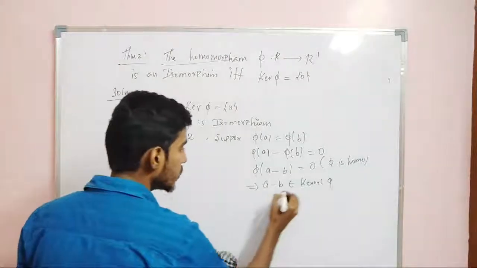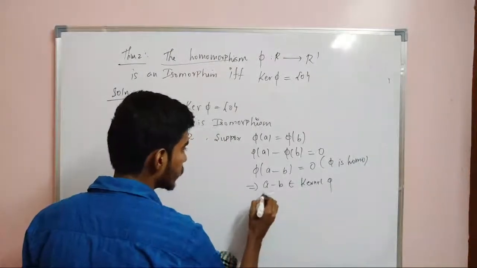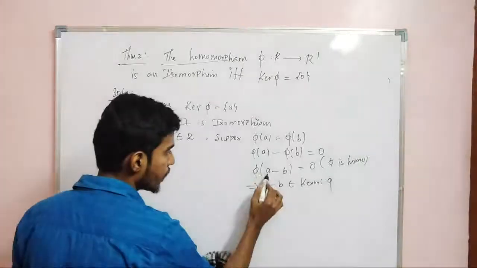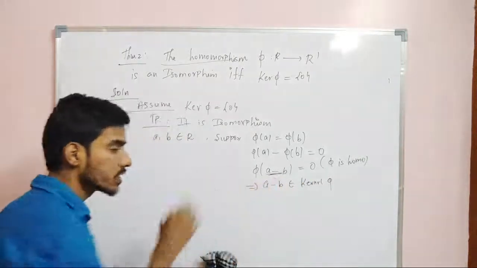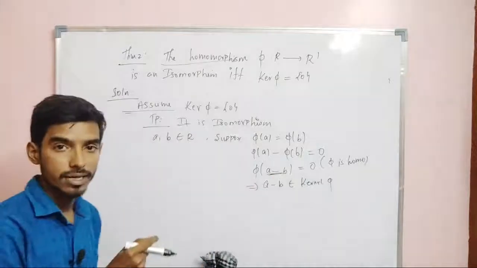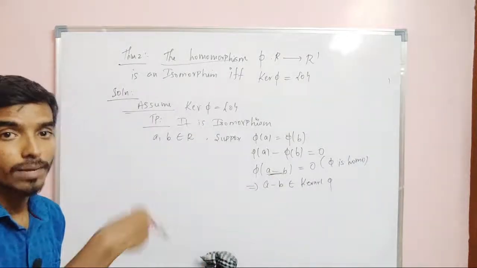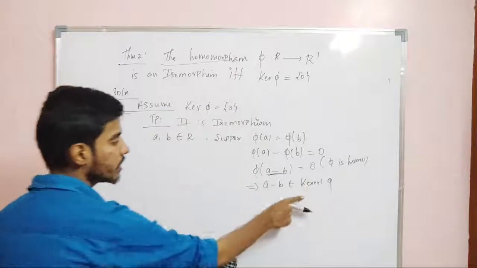You can see this map takes a minus b to 0. That means this element must be in the kernel, because the kernel consists of all those elements which are mapped to 0.